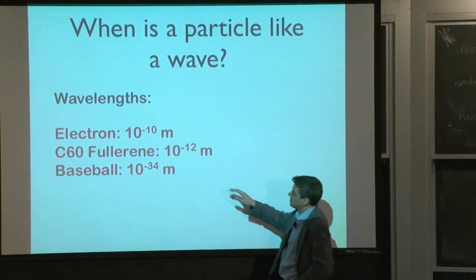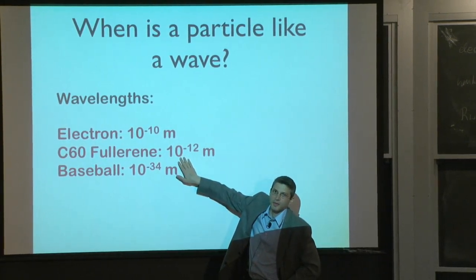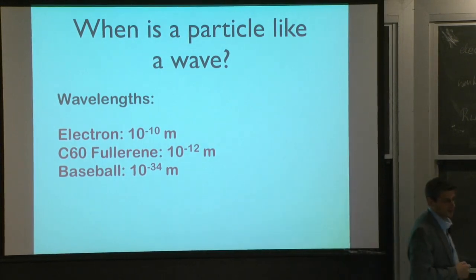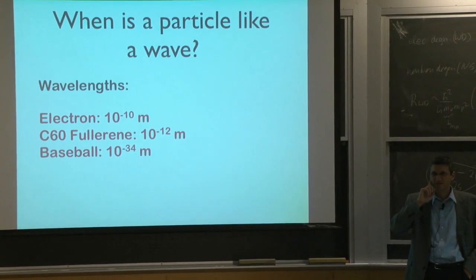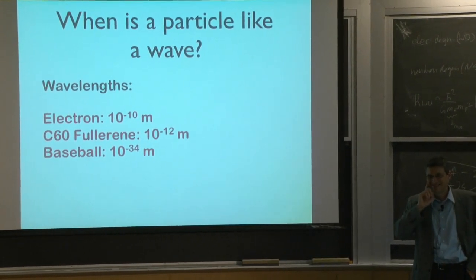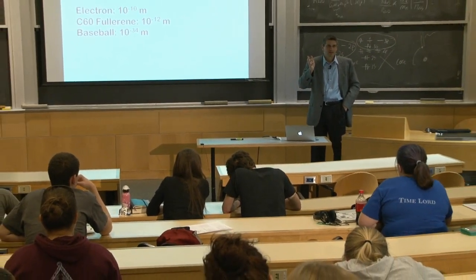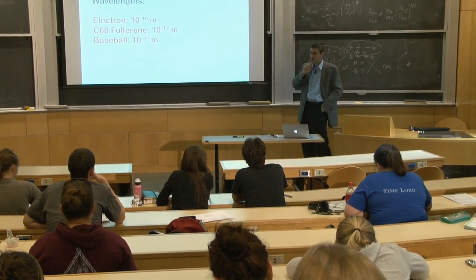And you know, the wavelength is 100 times smaller for a fullerene, which means that it's maybe less important for things we do with fullerenes. Like, what do we do with fullerenes, by the way? Has anybody done anything with fullerenes? Probably not. But what could we do with fullerenes? No. We're still working on it.